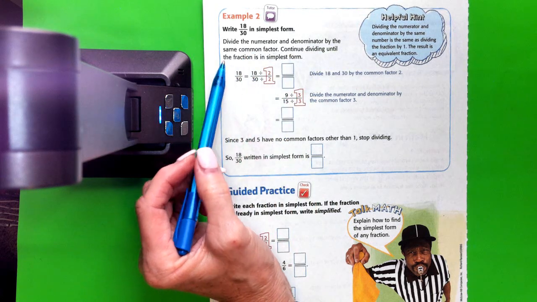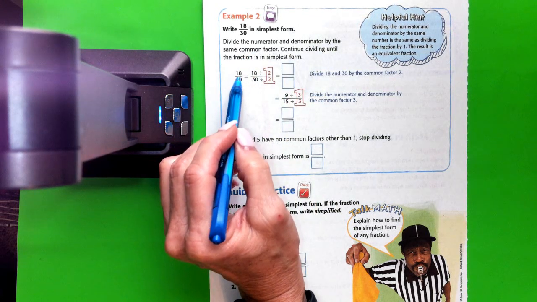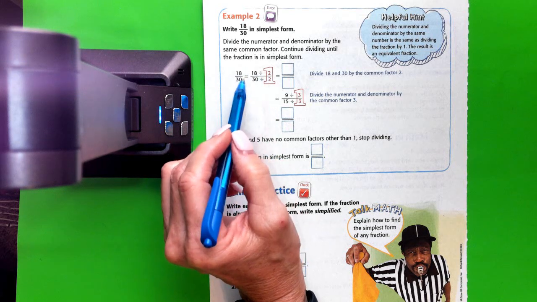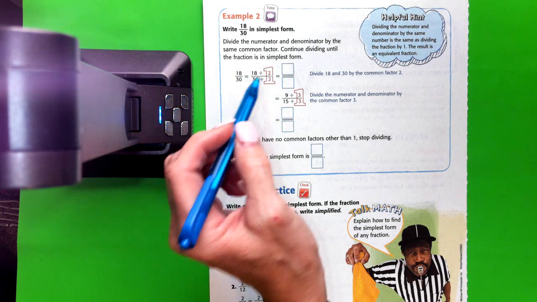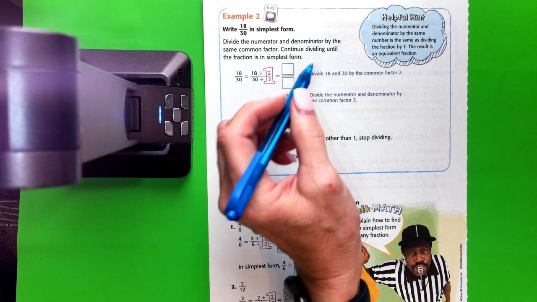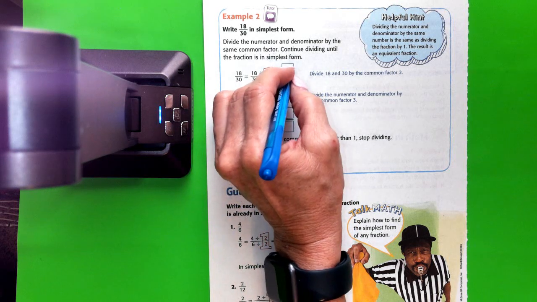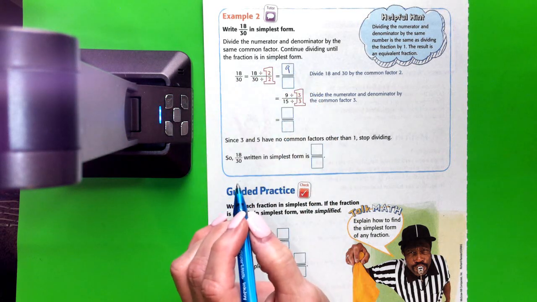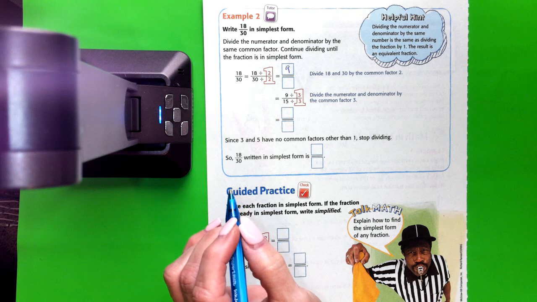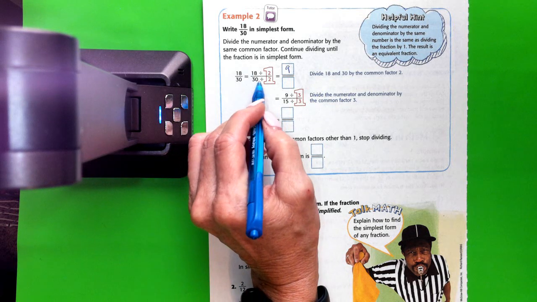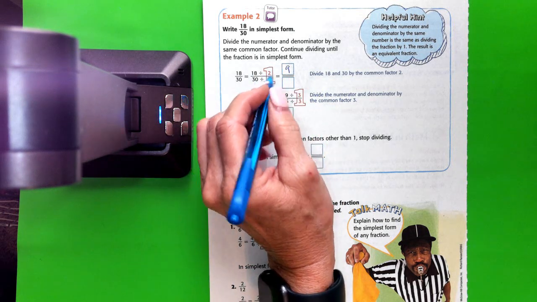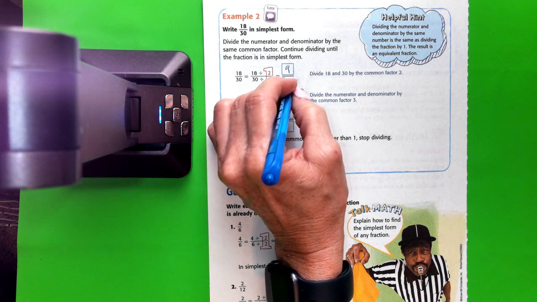So if you're not sure and both numbers are even, then you know that 2 will be able to go into it. Okay? So 18 divided by 2 is 9. And 30 divided by 2 is 15.